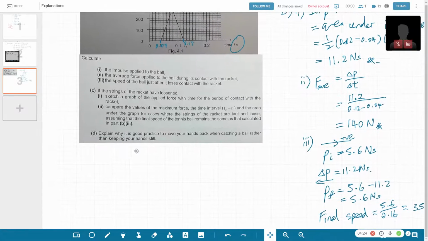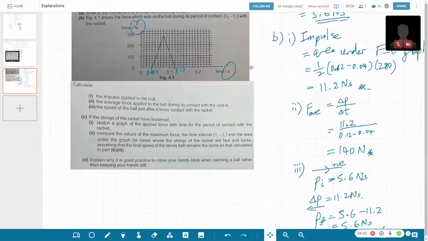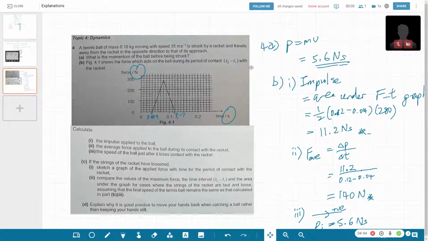Okay, next one. Part C. Sketch a graph of the applied force with time for the period of contact with the racket, if the strings have loosened. If the strings have loosened, it probably will take a longer time.